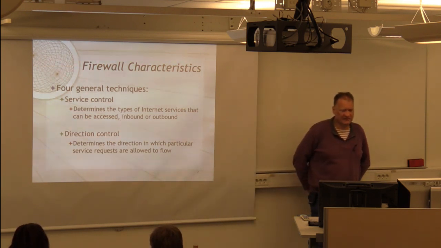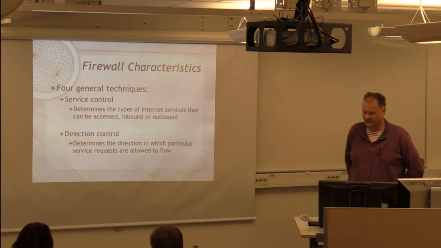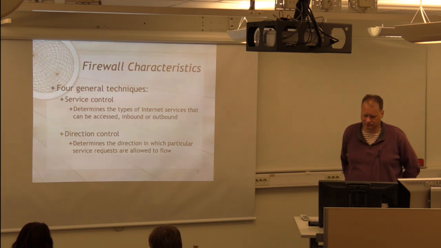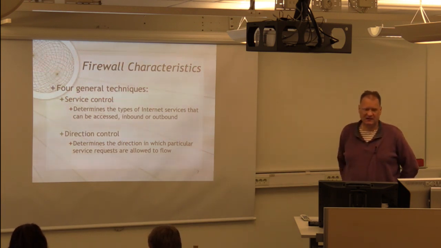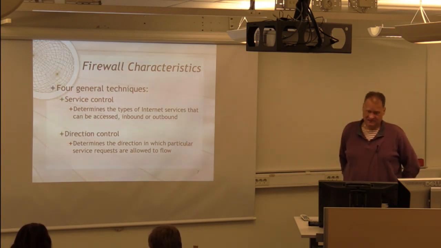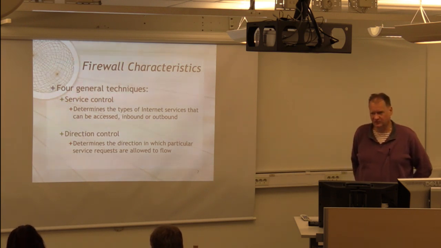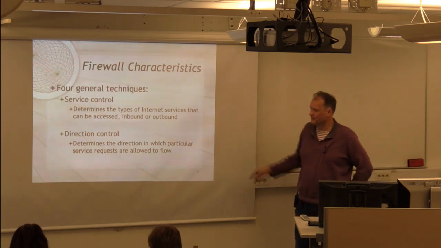We determine if some packet should go through depending on what type of service it is. So for instance, if it's email, we may allow it. If it's HTTP, we may allow it. But if it's some file server, peer-to-peer service, whatever, we could drop it. So based on what type of service it is.